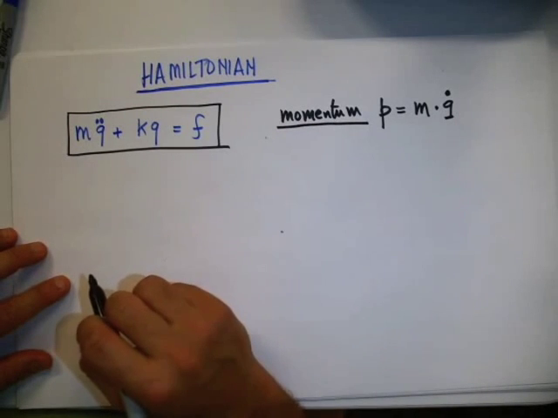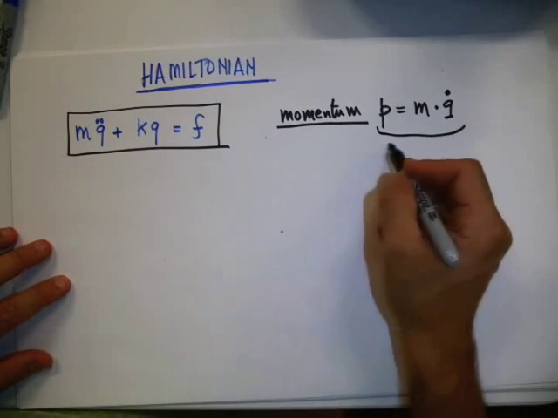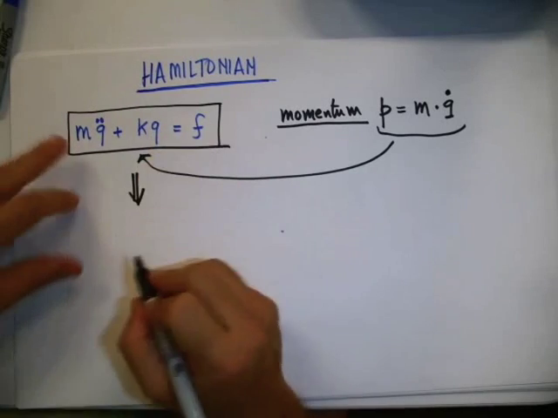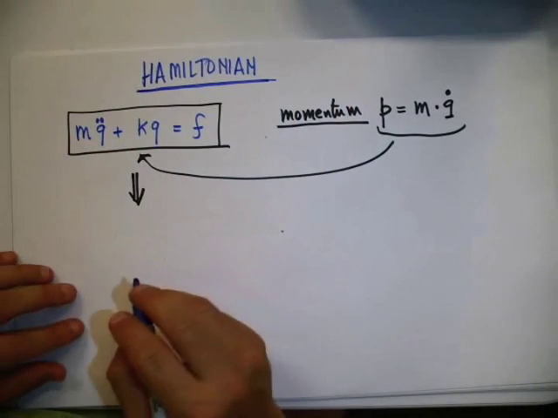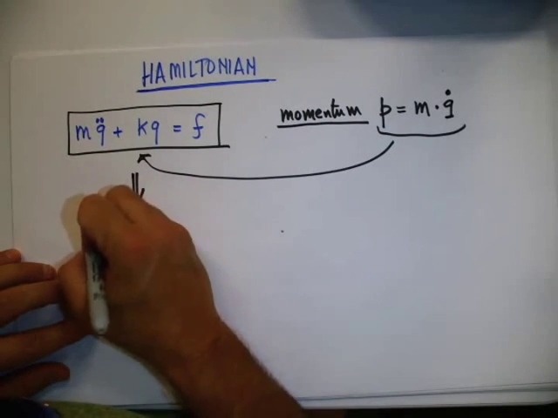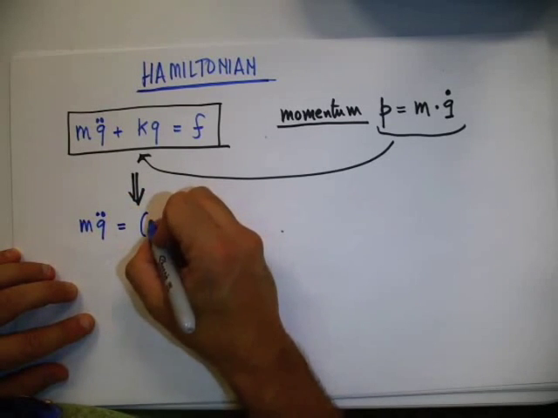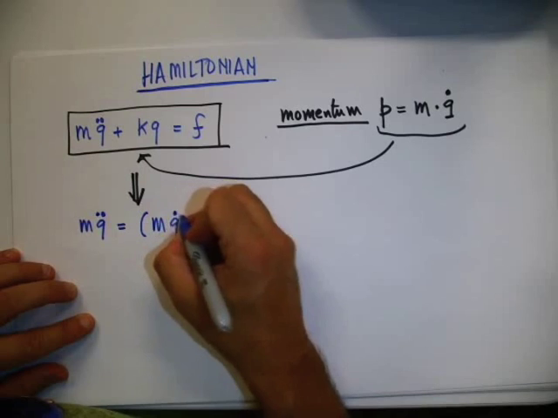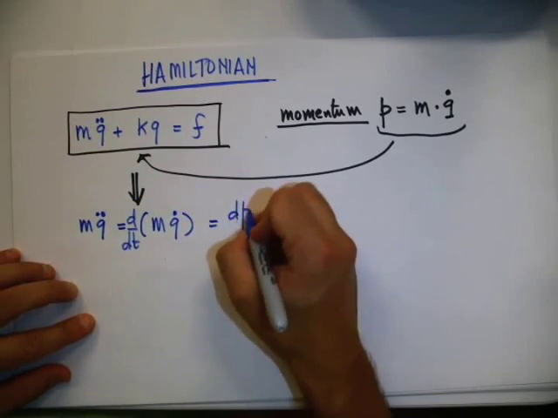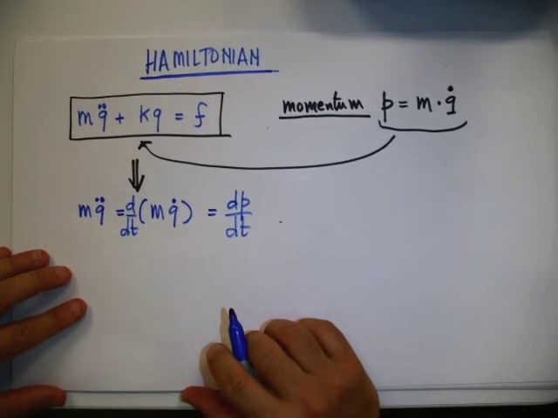So if I do that, I can rewrite the dynamical equation as m q double dot is equal to m q dot, d by dt, but this is equal to dp dt, right?